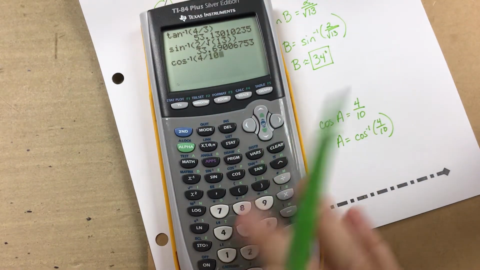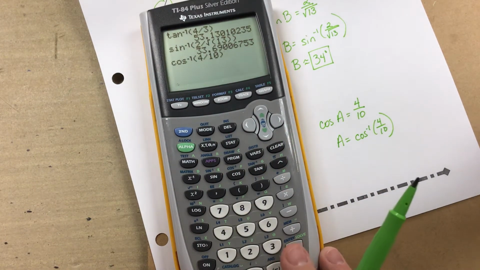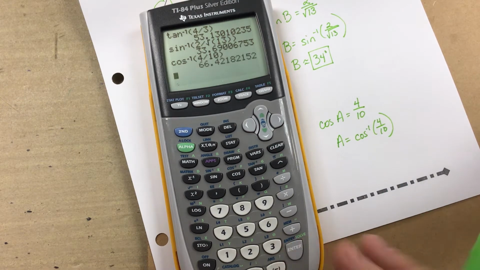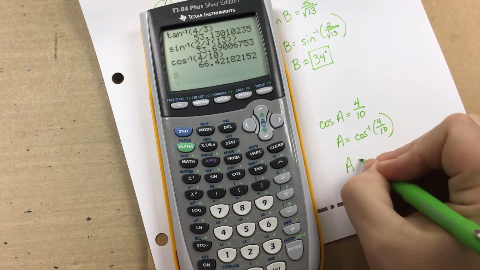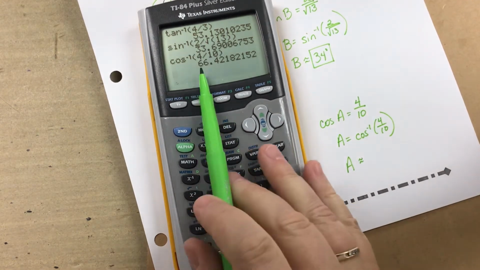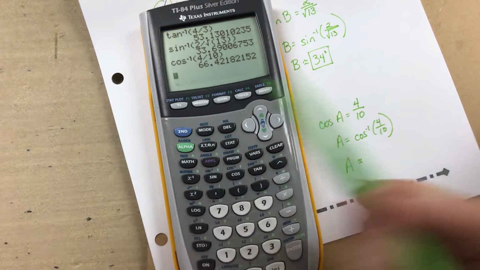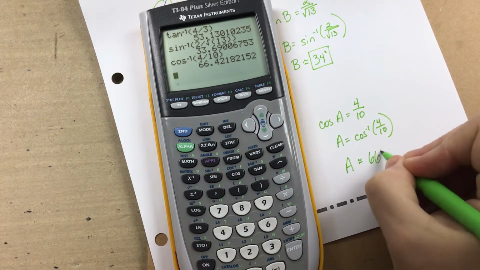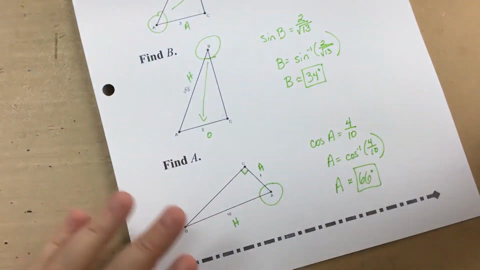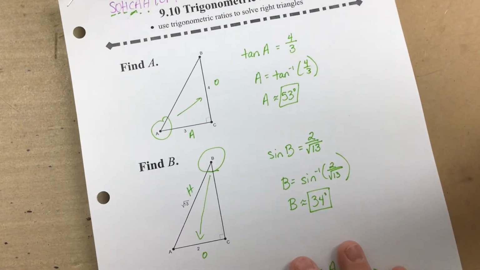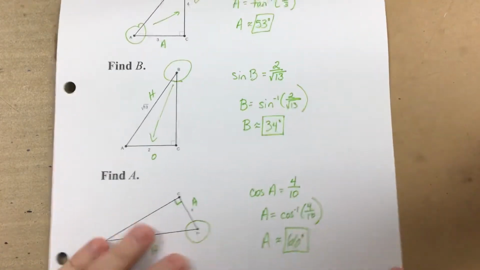And in parentheses, I'm going to type in 4/10, or if you'd rather type in 2/5, that's fine. If I'm going to round the angle to the nearest degree, if it says 66.4, we're going to keep that as 66 degrees. So those are 3 examples where you're trying to find a missing angle using your trig ratios.